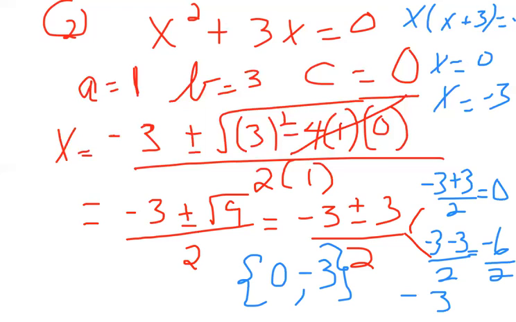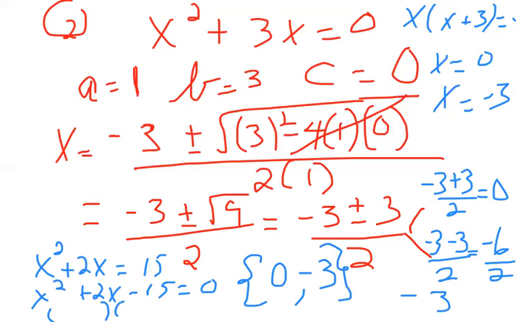Yeah, you could have done the same thing with the previous problem too. I think the previous problem was x squared plus 2x is equal to 15. So you could have set this equal to 0 by moving the 15 over, so you get a negative 15. And then factor this into two binomials as x plus 5, x minus 3, and then solve it.